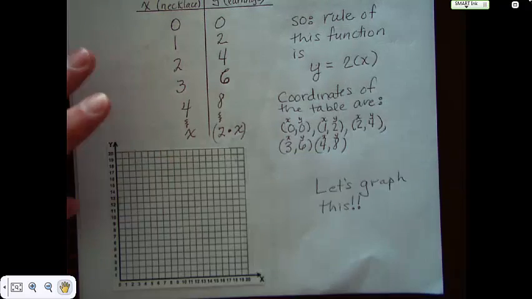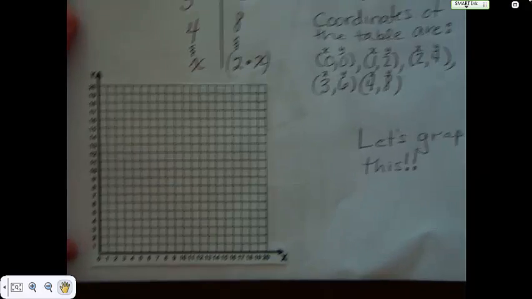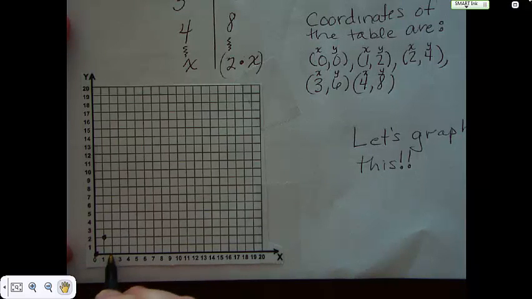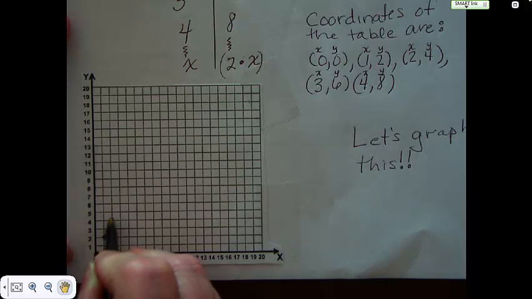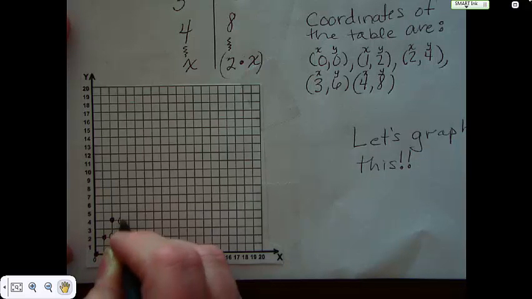So, let's graph it. Okay, we're going to enlarge this again so you can see it. Okay, we're graphing 0, 0. Again, this starts at 0 because you can't have negative necklaces, you can't have negative earrings. So this was 0, 0, this was 1, comma 2, this is 2, comma 4.